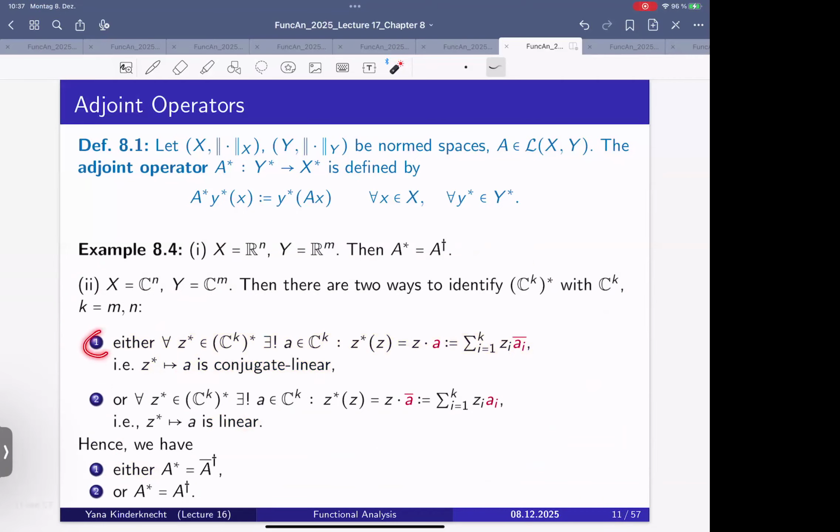So in the first case, we obtain that the adjoint is A transposed and here complex conjugation. In the second situation, the adjoint is given by just A transposed. So here just transposition and here extra complex conjugation.